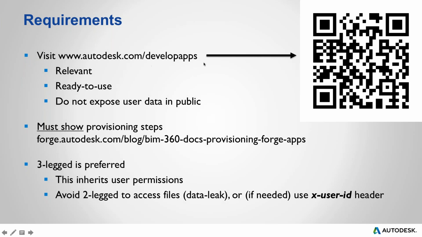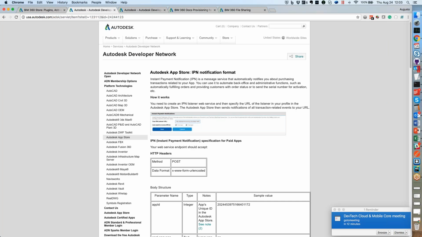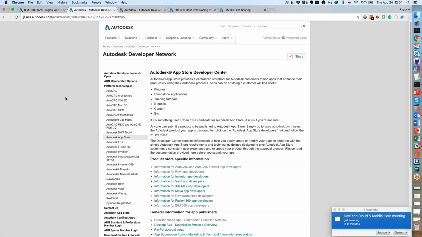So let me take a visit to this link. I have a QR code. If you want to scan this code with your phone, you can go to this address as well. But let me show you that on the page. When you click on the link, it's going to redirect you to this page. The URL is a bit different, but it's the same one.